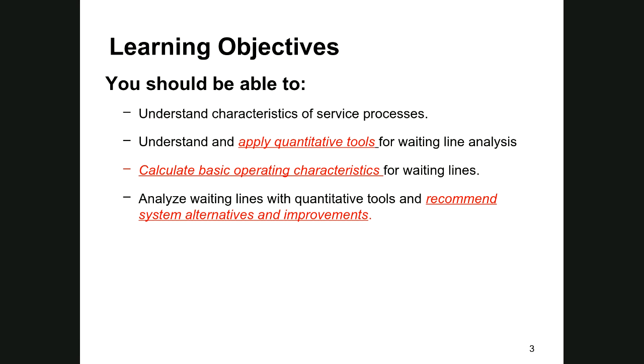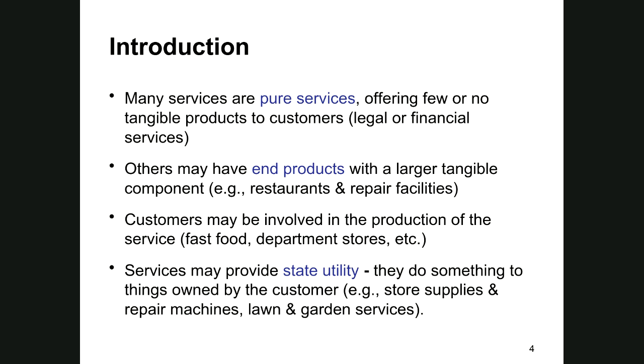So let's talk about services. There are different types of services. First of all, there are pure services, things where you receive things that are not tangible. In other words, these are things like lawyers or financial services, where it's an intellectual property or intellectual product, more so than tangible things that you would purchase in a store.